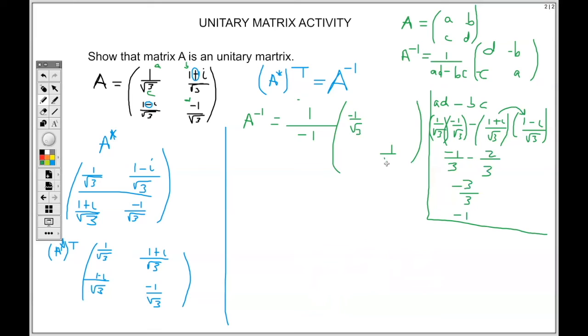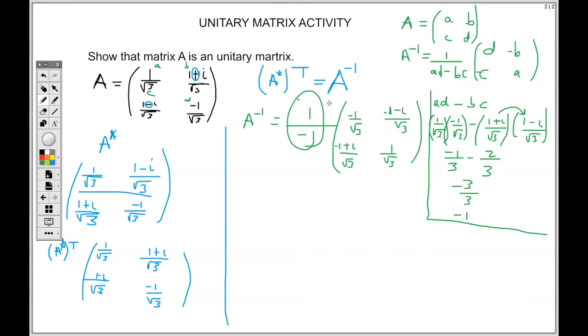I'm switching the positions, and then change the signs of the next two, so this becomes minus (1 minus i) over root 3. The next I have 1 being changed to negative, so it's minus (1 plus i) over root 3.